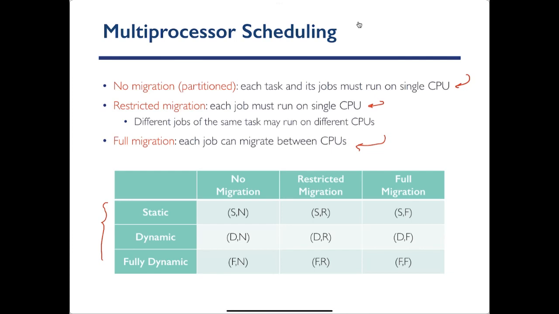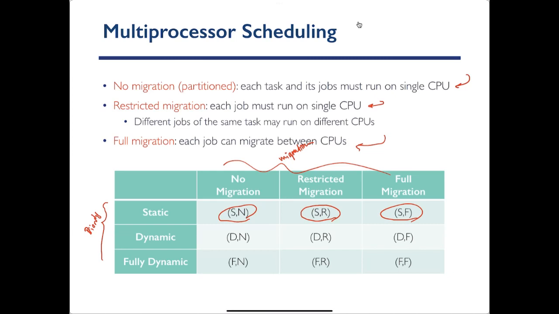Now, this is for priority, and this axis is for migration. So this gives us 9 different classes of schedulers. So you can have a static scheduler with no migration, a static scheduler with restricted migration, a static scheduler with full migration, and so on and so forth.